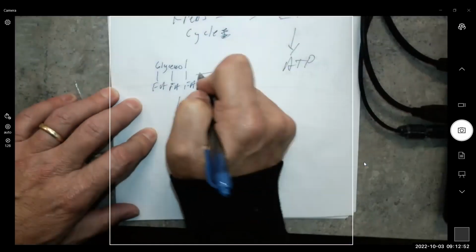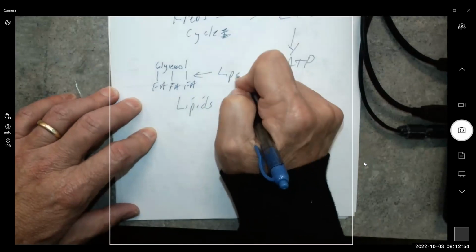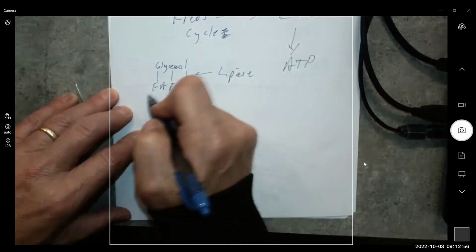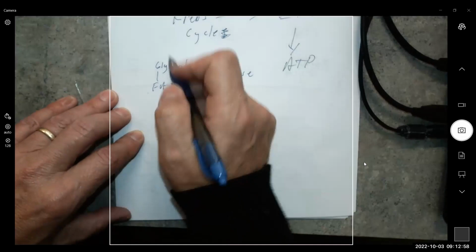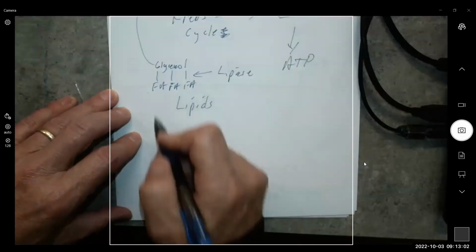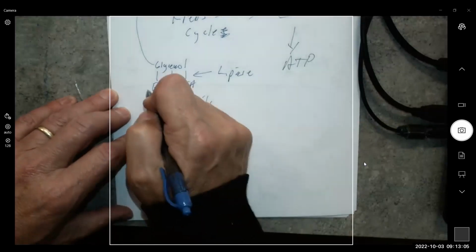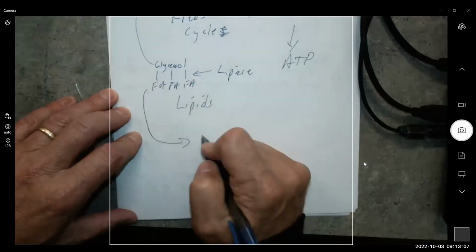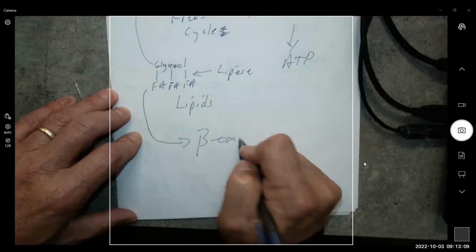You're going to break this down with an enzyme called a lipase. You get free fatty acids and glycerol. Glycerol feeds straight into glycolysis. The fatty acids are broken down by a process called beta oxidation.